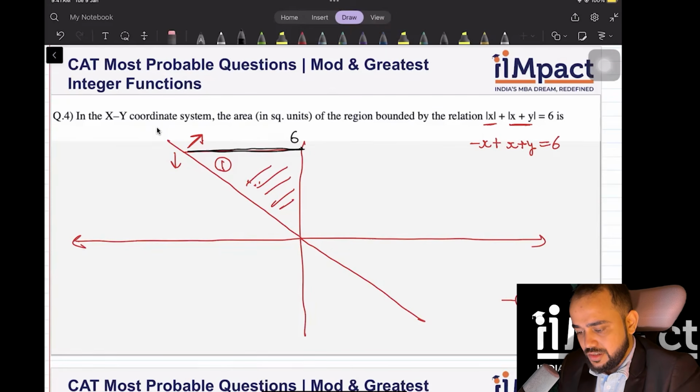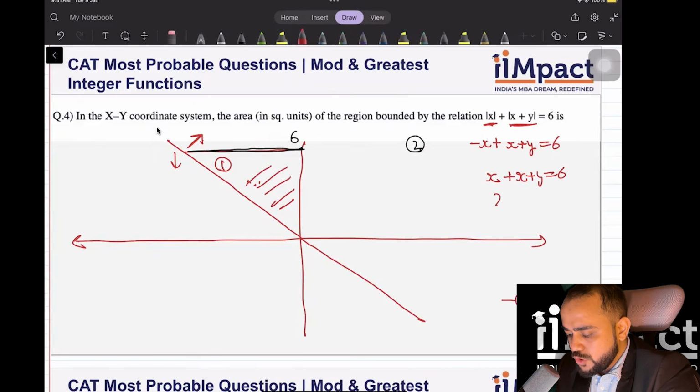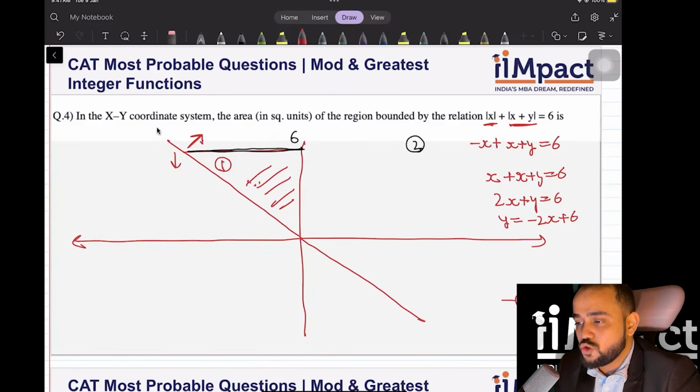Now in region number 2, you will have mod x opening up as x only, and mod of x plus y opening up as x plus y itself. Both of these are positive essentially, so the mod function will just vanish, it will not get activated. So you will have 2x plus y is equal to 6. This is a line y is equal to minus 2x plus 6, a slope of minus 2, and so it will start from here and it will keep on going downwards.